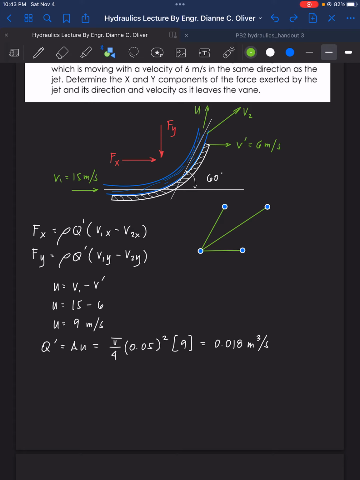The reason why it looks like a parallelogram is because we will transfer here the U to this side. This is the U, and the same U here, and then this is the V prime, and then this is the V sub 2.